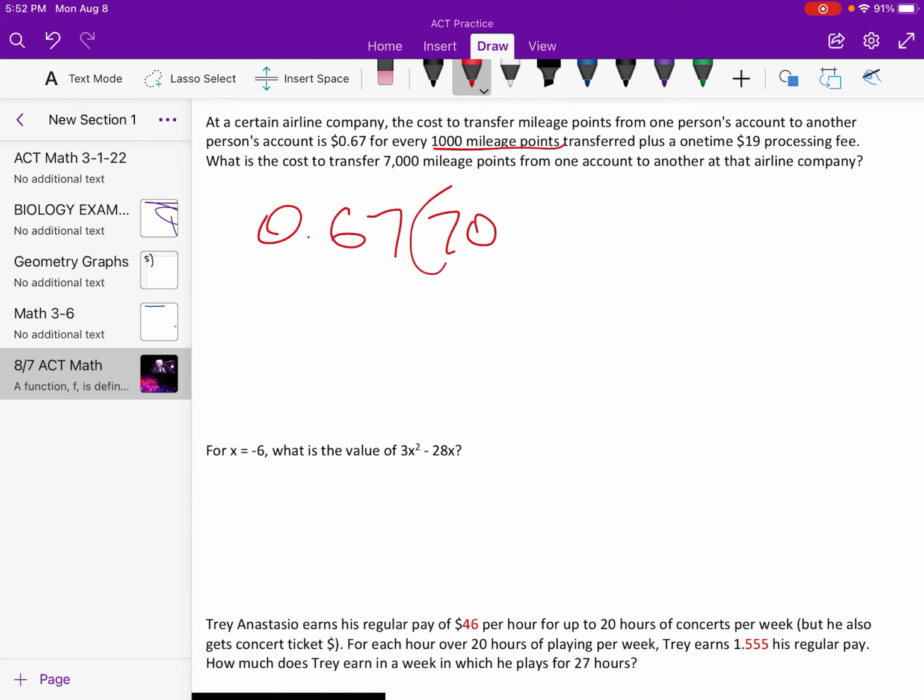That's what we plug in for p, actually. I was trying to make it harder than it even was. Then we'll divide by 1,000. Okay, so we got 0.67 times 1,000, 7,000 plus 19. That is 4709. Okay.